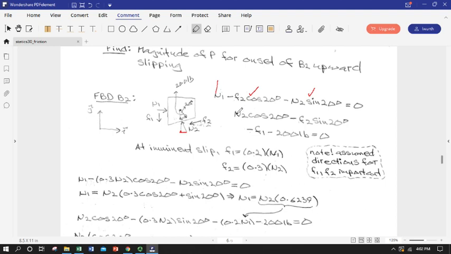We can define the sum of the forces in the y, vertically, being 0. So we've got the vertical component of N2, taking the cosine of 20 degrees. We've got the vertical component of F2 going downwards, sine 20 degrees. We're going to have all of f1, little f1, because it's all going down.